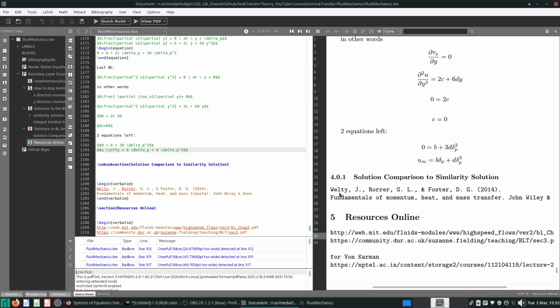So what do we get here? Okay, we can of course solve this: b equals minus 3 delta p squared.